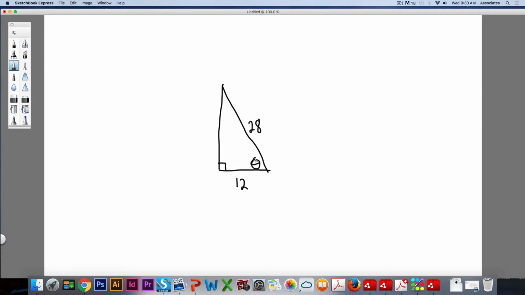So from this point, we always want to find out which sides we are given or looking for. Across from the right angle is the hypotenuse. This side helps to make up the angle, so this is the adjacent side. And remember our old friend SOHCAHTOA.